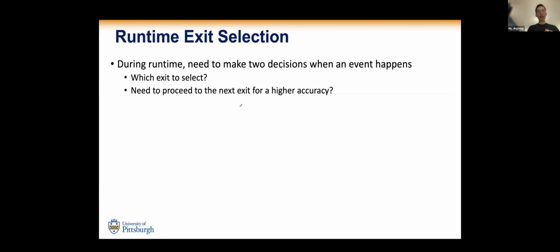So after we find a good compression for the multi-exit neural network, we are going to deploy it onto devices. And during the runtime, we need to make two decisions when the event happens. Which exit to select, as well as, if we select this exit, are we confident about this decision? If not, should we proceed to the next exit for higher accuracy?